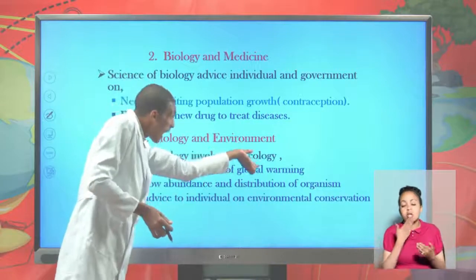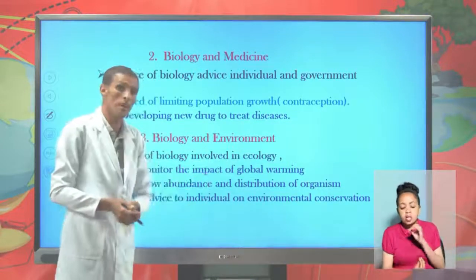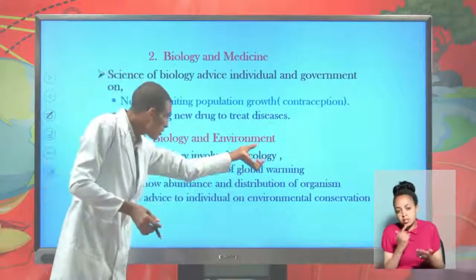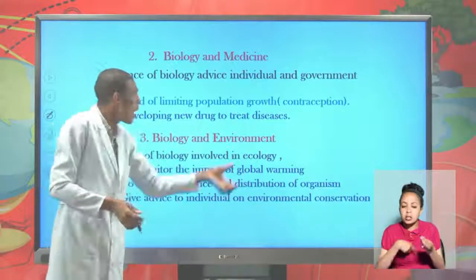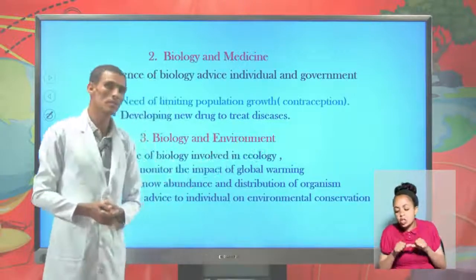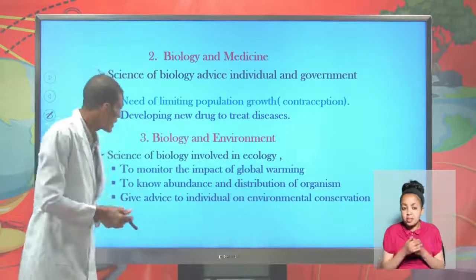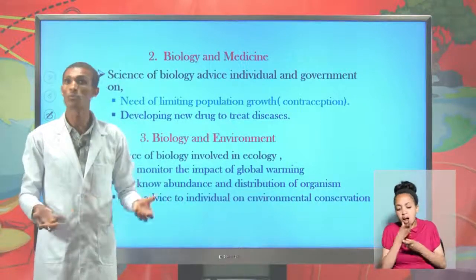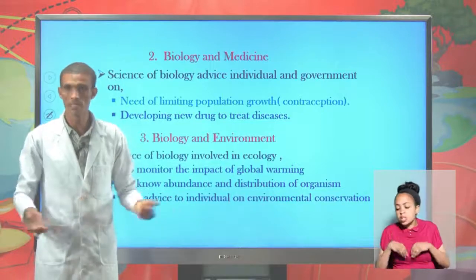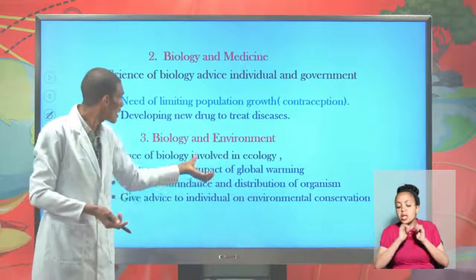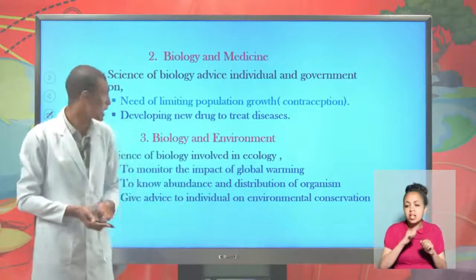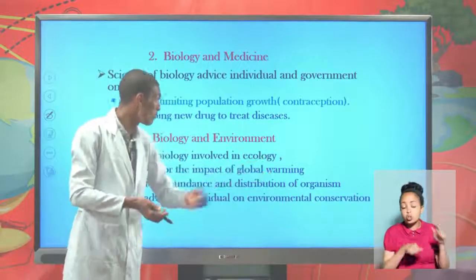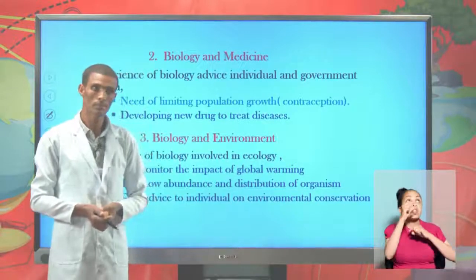Biology shows how populations interact with the environment, how they can survive in their environment, and how we can monitor the impact of carbon emissions to the atmosphere from industry and from other burning that may contribute to the problem of global warming.